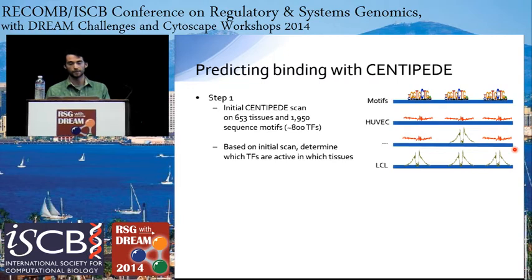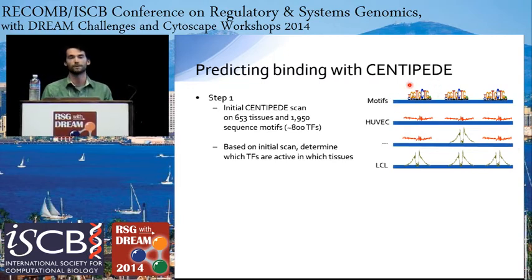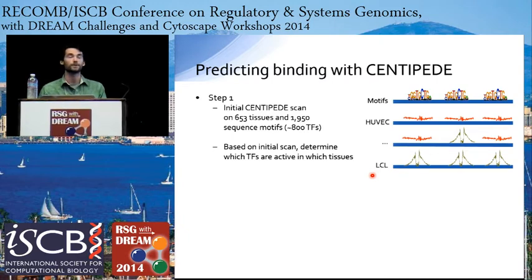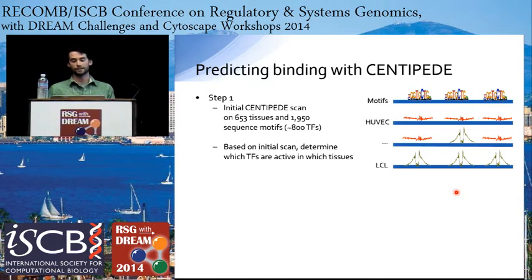For every motif, we do an initial scan where we look at some of the better motif matches across the genome, and we use CENTIPEDE to determine the presence or absence of a footprint at that position. For example, we can identify which transcription factors are active in which tissues. In this example, this would be a factor active in LCLs, but not necessarily in HUVECs.